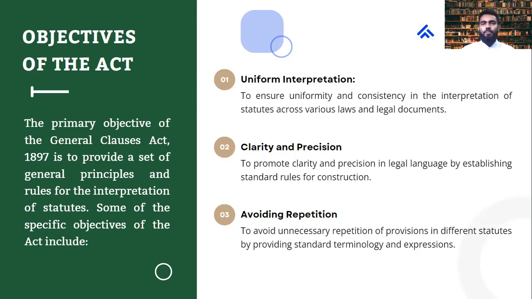Avoiding repetition. This is the most important part of the objectives of the General Clauses Act. Avoiding repetition means avoiding unnecessary repetition of provisions in different statutes by providing standard terminology or expressions.